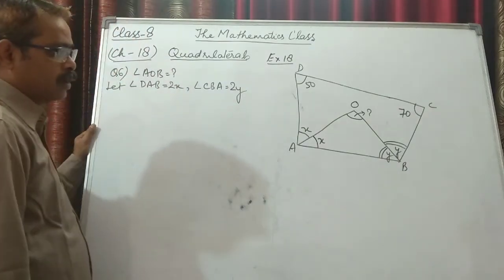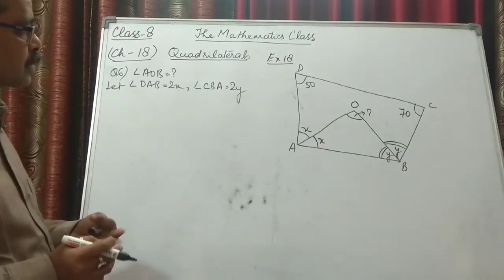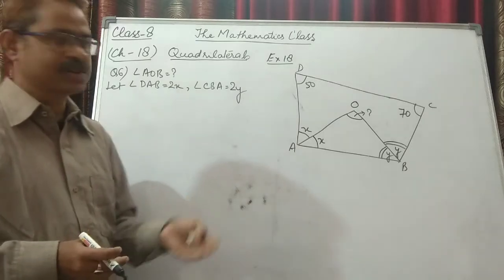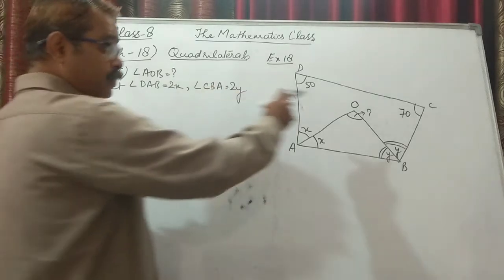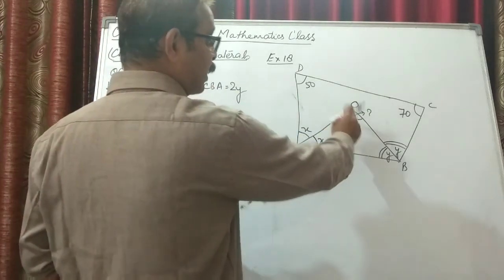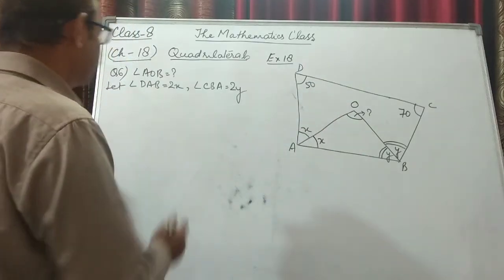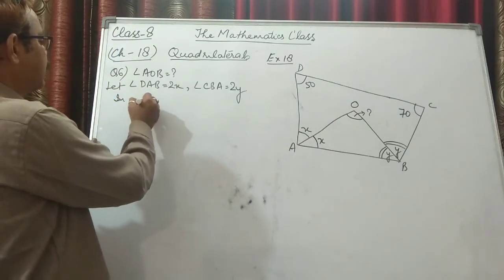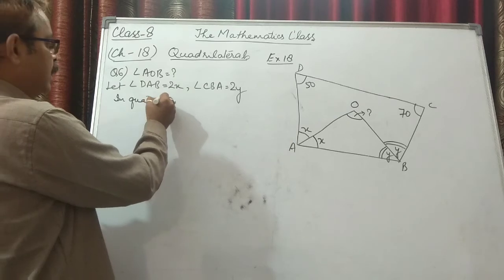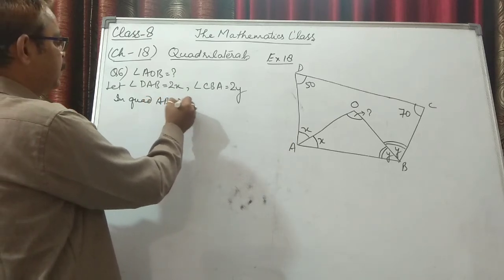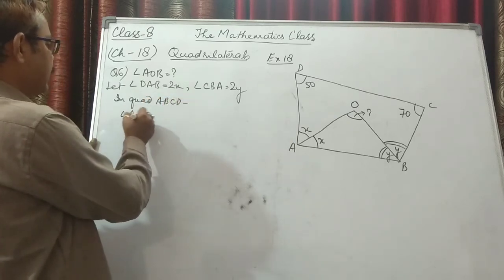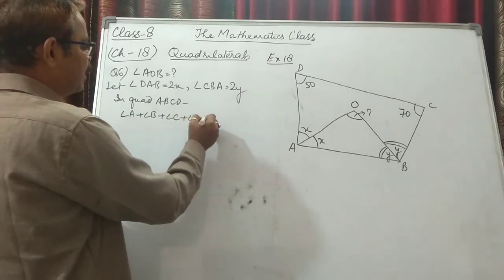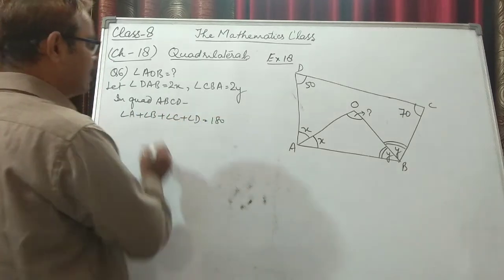First of all, we will be using two things. First is that the sum of all the angles of a quadrilateral is equal to 360, and the sum of all the angles of a triangle is 180, because you have to find the angle that is there in that triangle. So in quadrilateral ABCD, we have angle A plus angle B plus angle C plus angle D is equal to 180 degree.